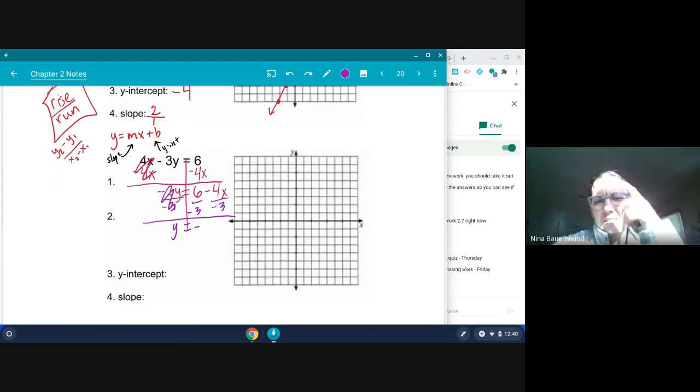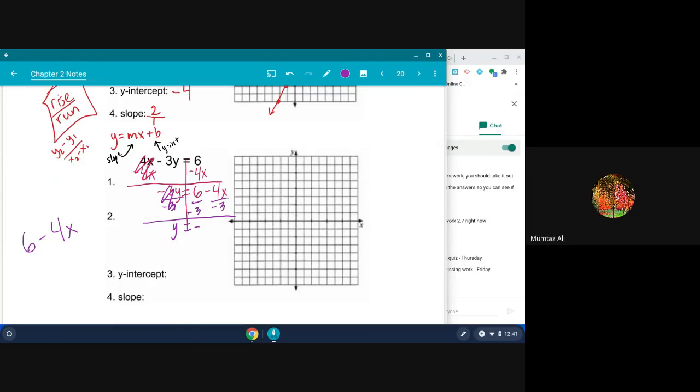So you can't subtract it from that. If it was just 6 minus 4, then we'd say, yeah, 2. But it's 6 minus 4x, so they're 2 different things. They look different. Does that make sense or no? Yes. Okay.